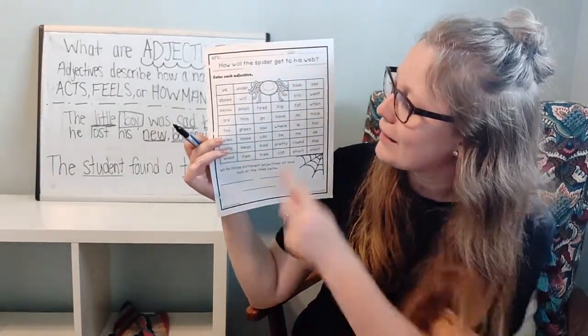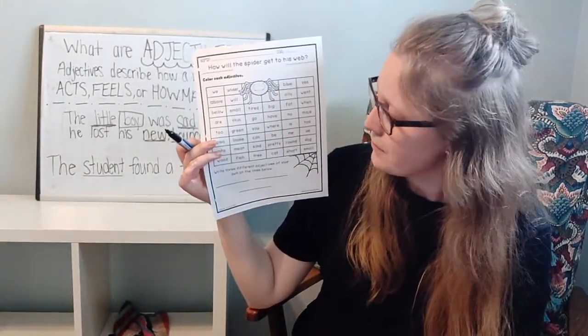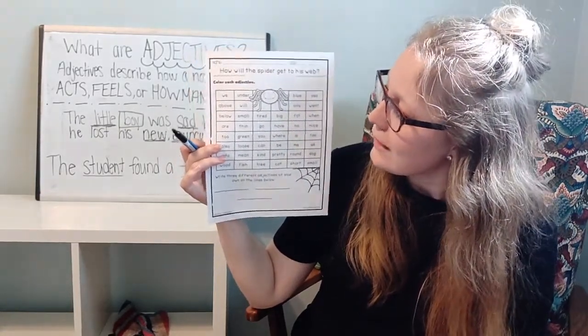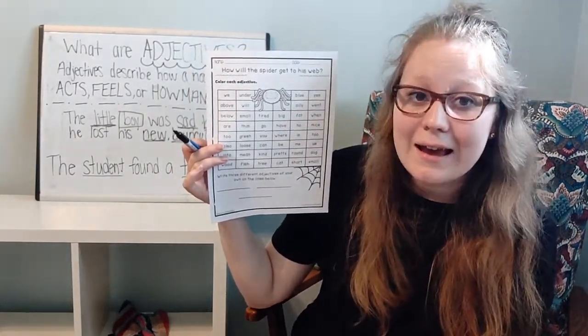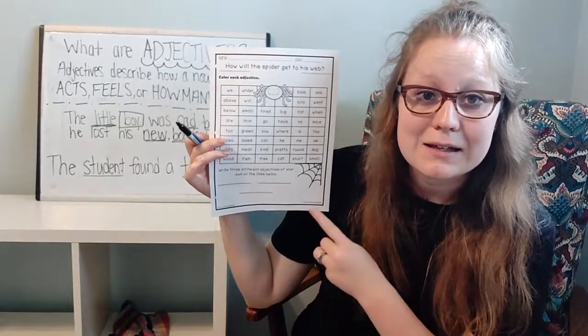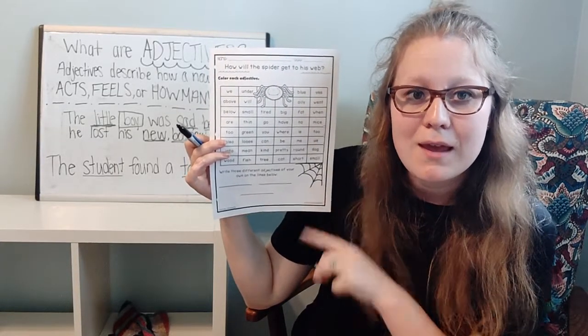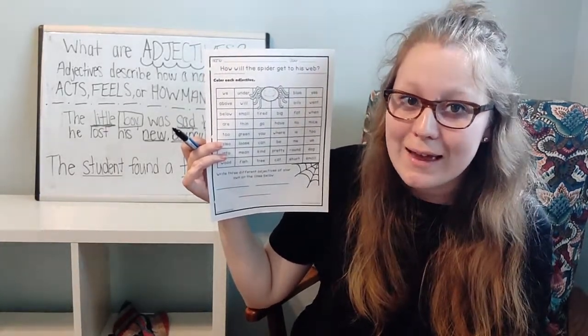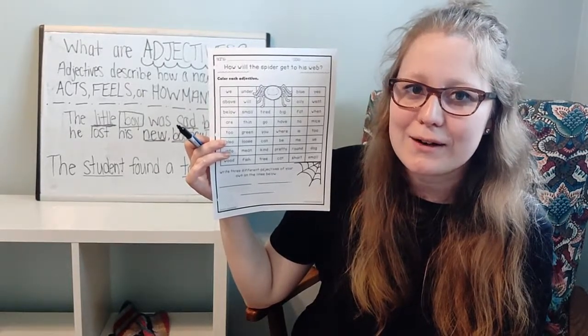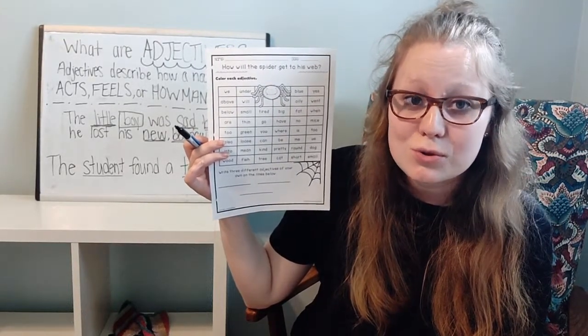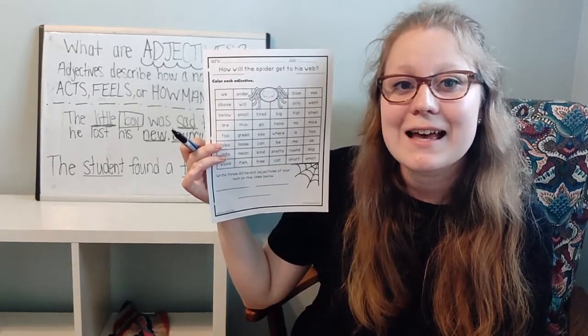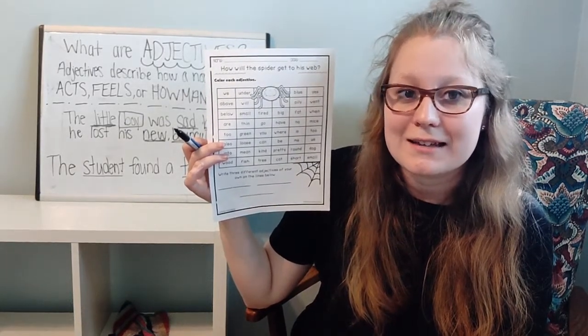has a little spider up here at the top. What you can do is try and help this spider get to his web at the bottom. But in order to do that, starting at the spider, you can color in each square that has an adjective in it.